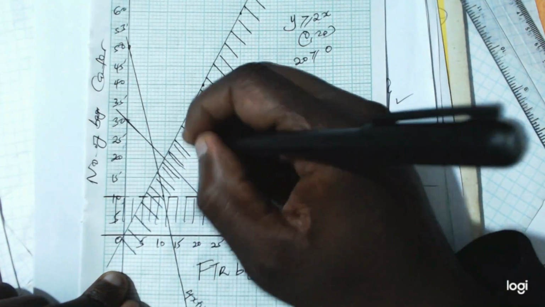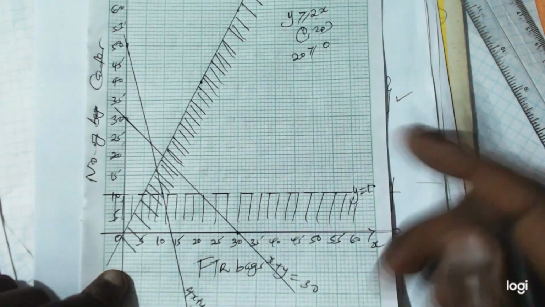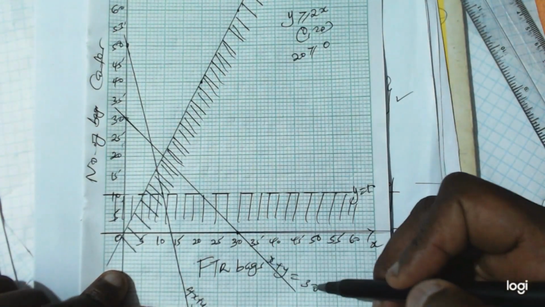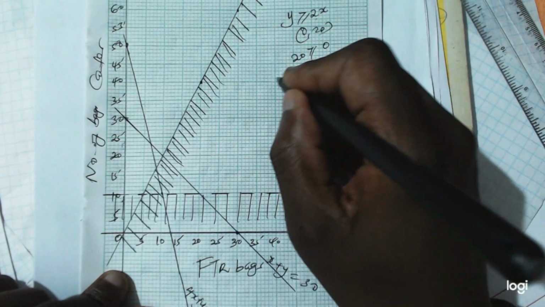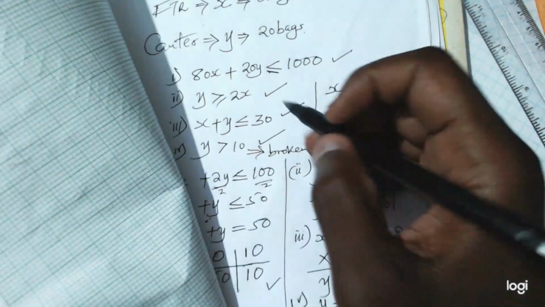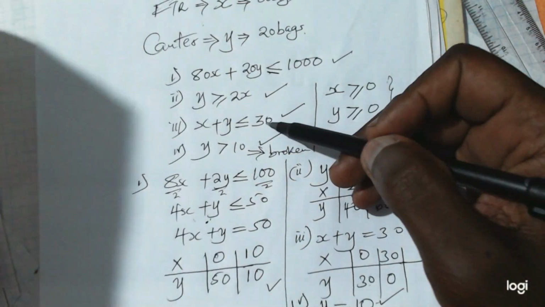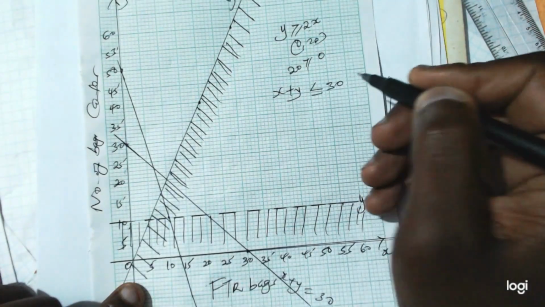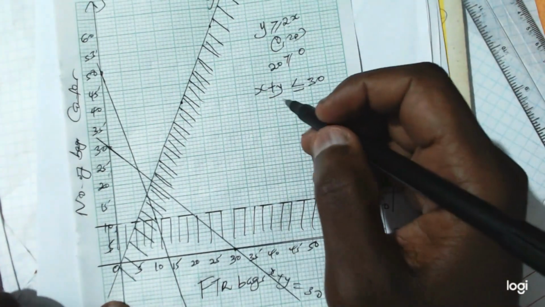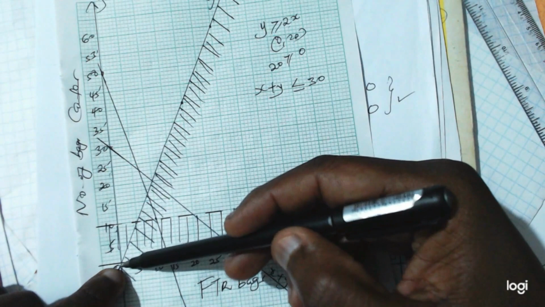Now let's go to the other one. The other line is here. This line, x plus y is equals to 30. So the inequality was x plus y less than or equal to 30. So we can pick a point on this side of the line. I can pick, for example, 0, 0.